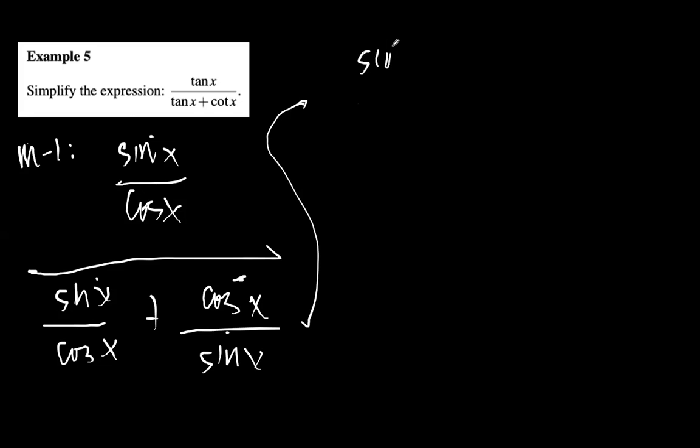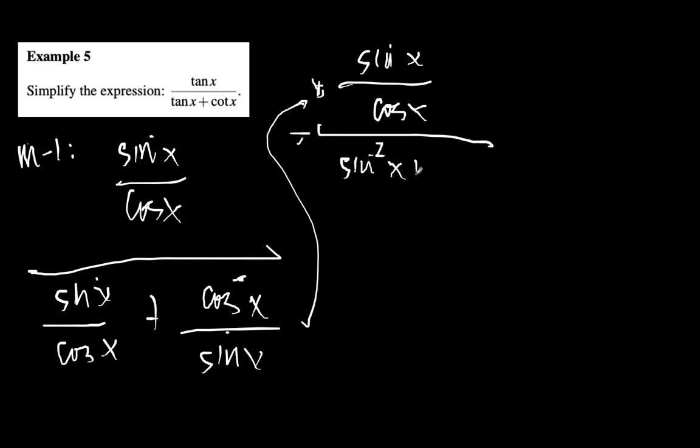We have sine x over cosine x. Ay, mali. Ito, dapat dito yan. Okay. And let's simplify the denominator. Sine square x plus cosine square x all over cosine x sine x. Tama ba ako? Yes, tama naman. Okay. Now, look at this, guys.